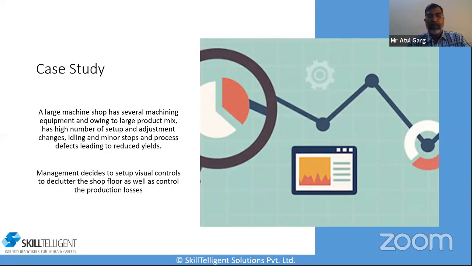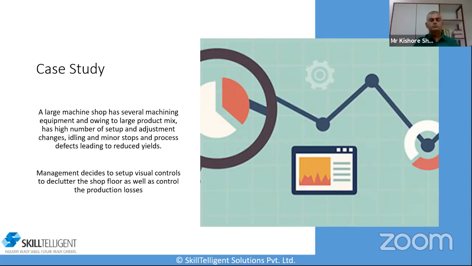Okay, so let's take an example of a large machine shop which has several machining equipment. This company has maybe 300, 400 different types of CNC machines and lathes. They also do development, machining and component manufacturing for a large product mix.